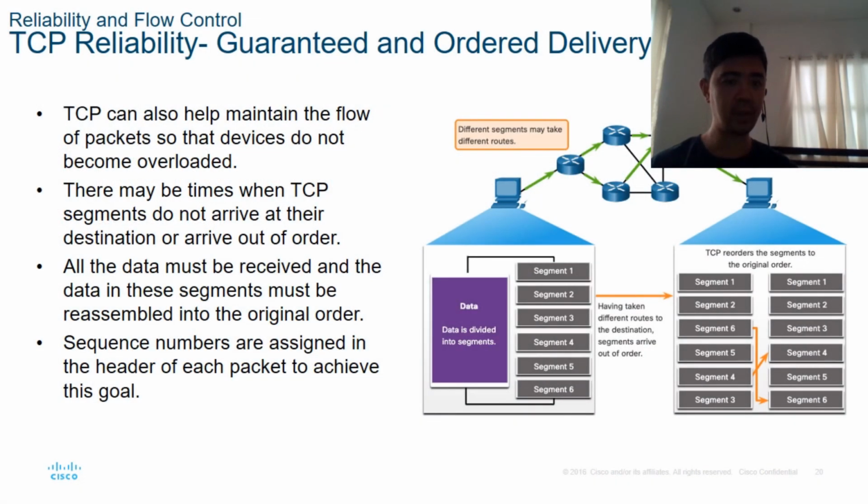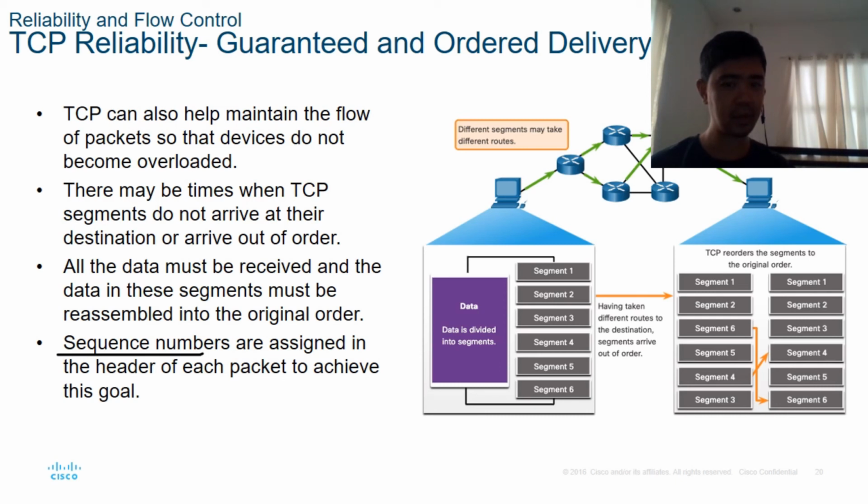For reliability and guaranteed ordered delivery, TCP data is divided into segments. To define the order of the segments, we have the sequence number. Just take note of that term, sequence number.